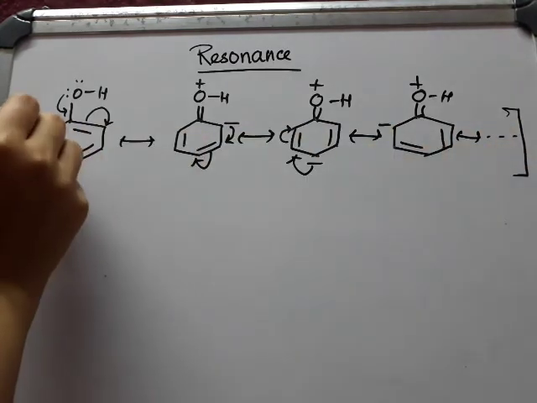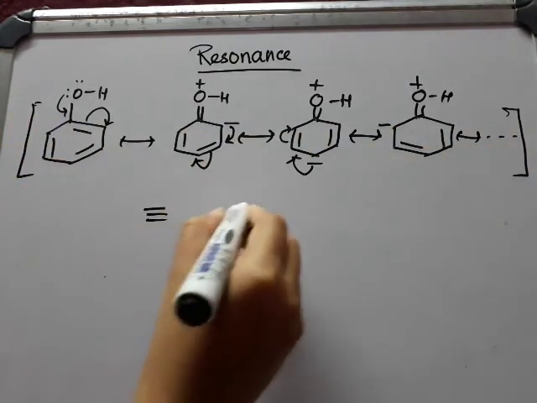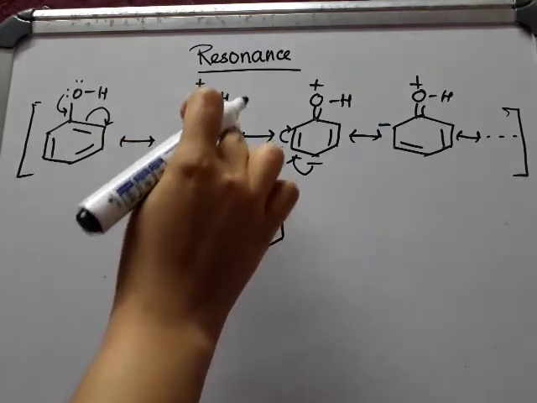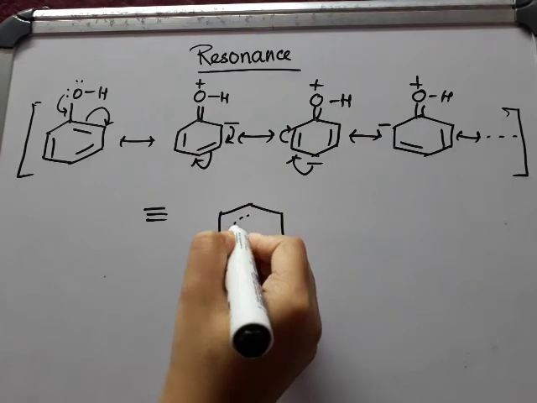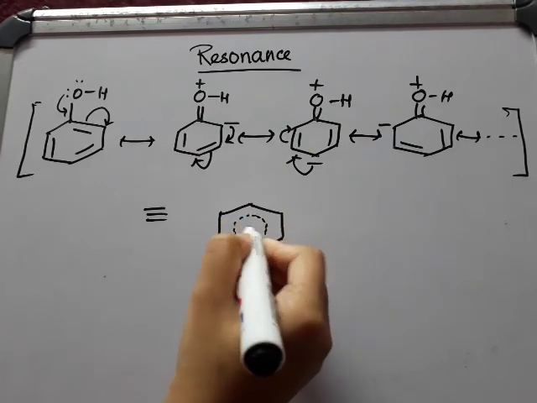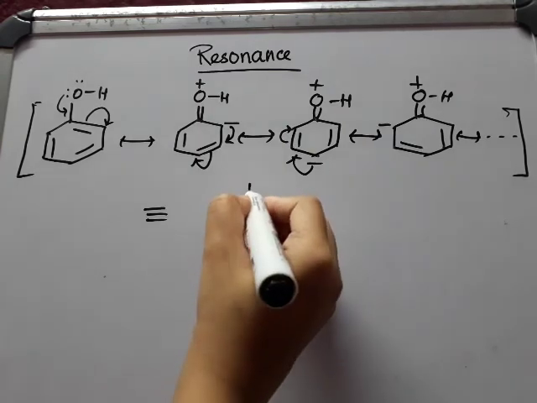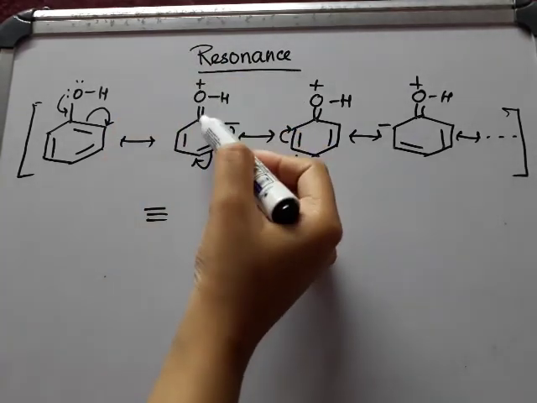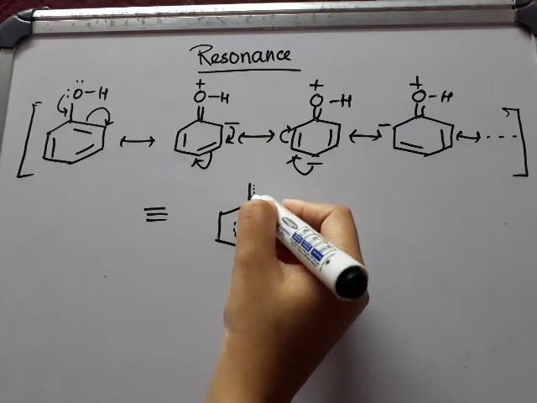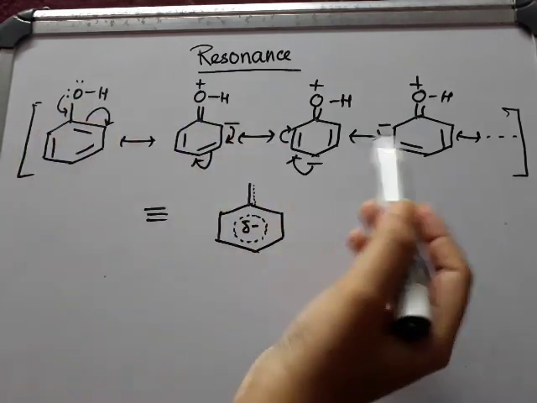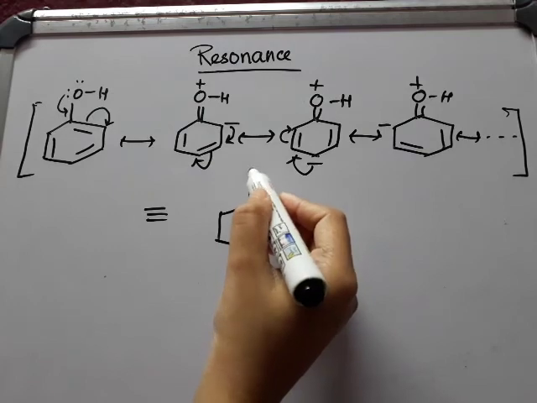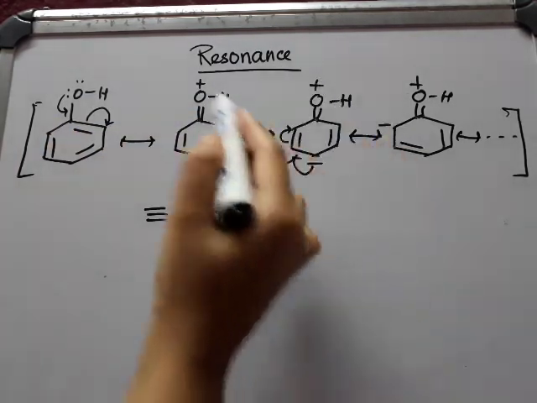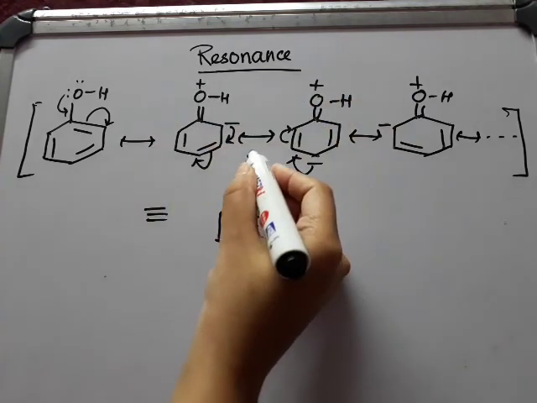So here the resonance hybrid looks like this. As the negative charge is delocalized over this pi electron system, there is delta negative, and between that oxygen and carbon, a partial double bond will be there, because in every structure a double bond is not there, that's why partial double bond. And in some of the canonical structures there is a positive charge, so it is delta positive.